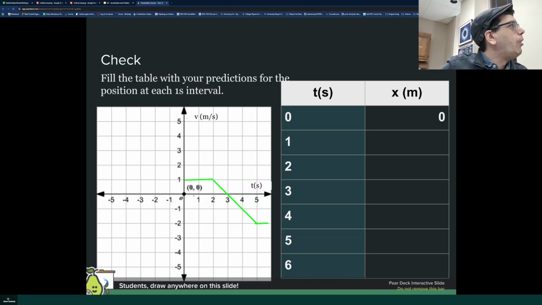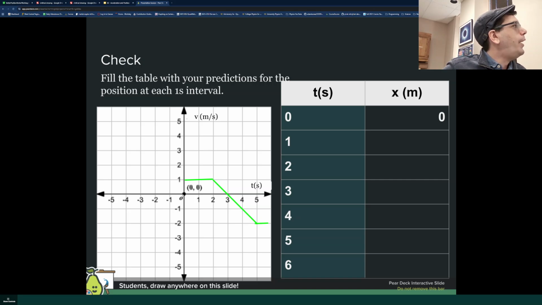So between 0 and 1 second, we want the area between the graph and the t-axis. The graph is constant right there, so we just have a square with height 1 meter per second. These heights and widths have units, but don't worry too much about that.